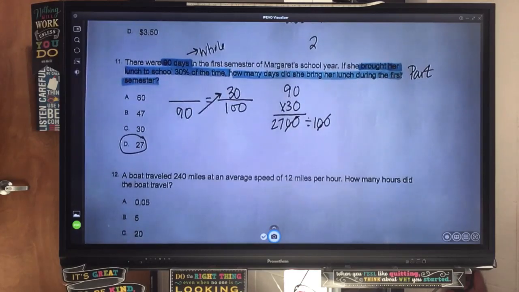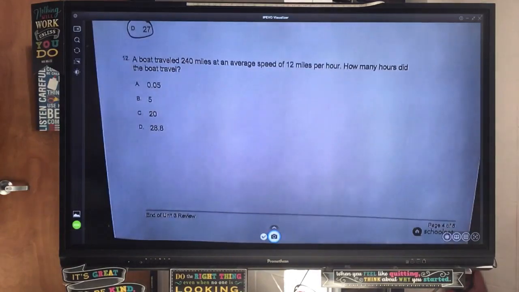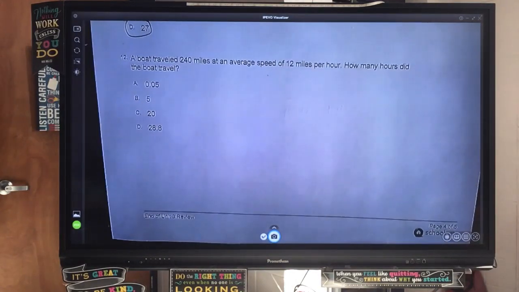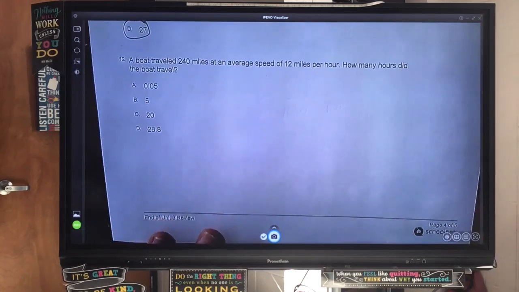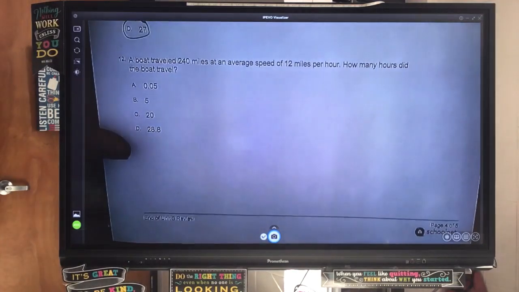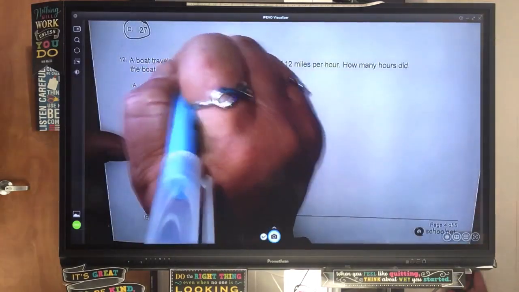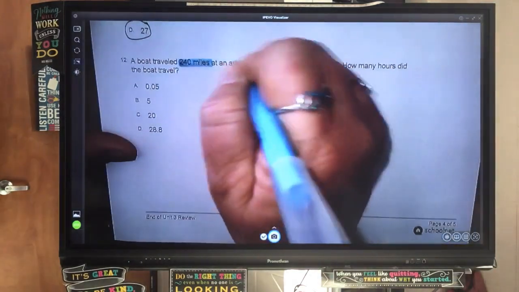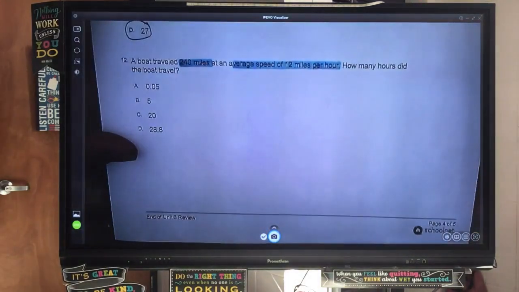Alright, number 12 says a boat traveled 240 miles at an average speed of 12 miles per hour. How many hours did the boat travel? Alright, what's important, Mikael? Okay. What else is important?